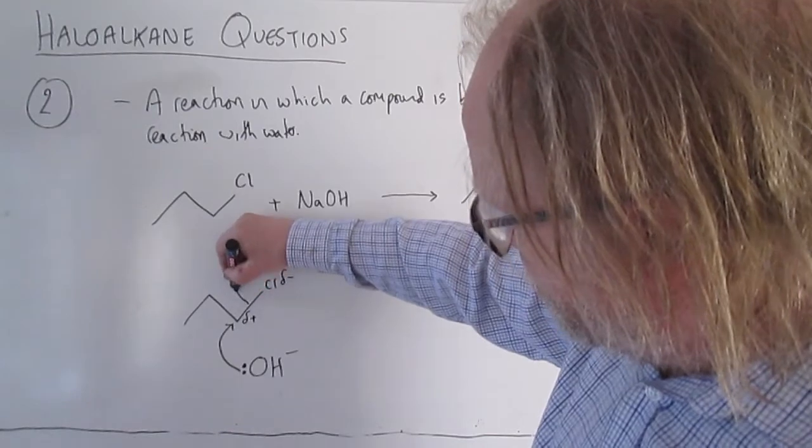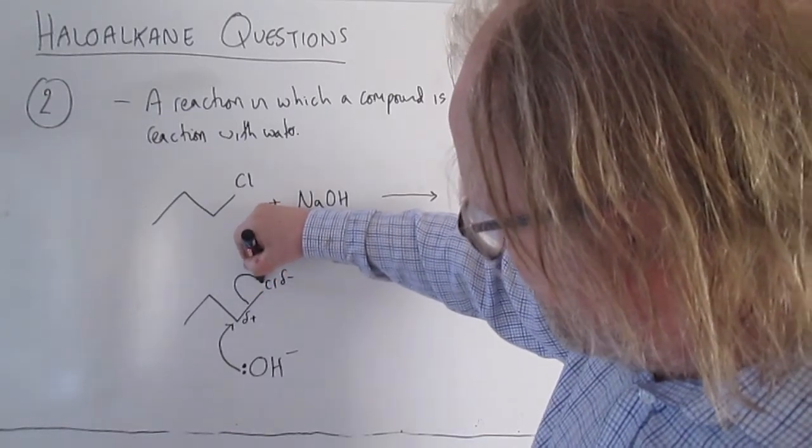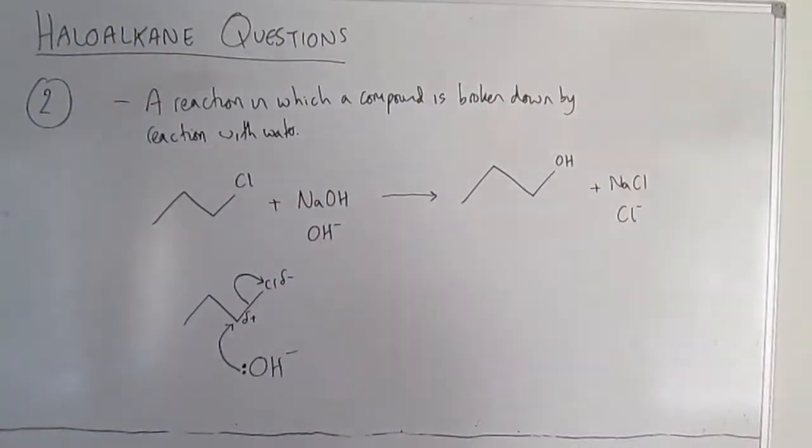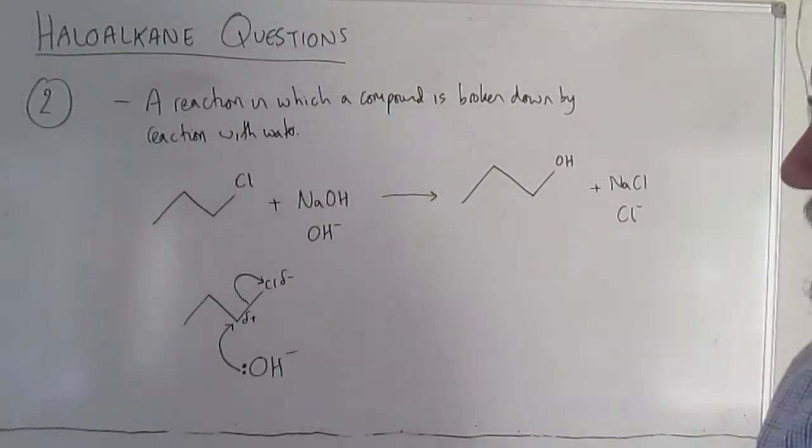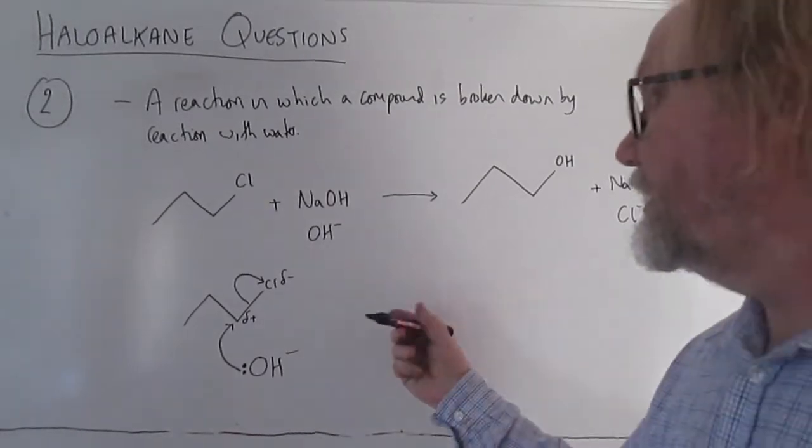So you draw a curly arrow from the middle of the bond out onto the chlorine like that, and the 2 arrows represent the 2 pairs of electrons moving simultaneously, and that's it.